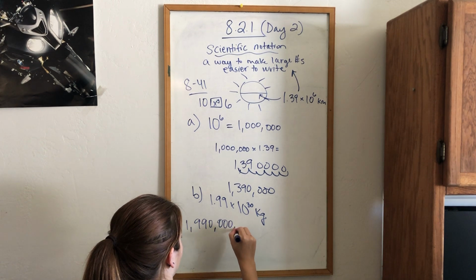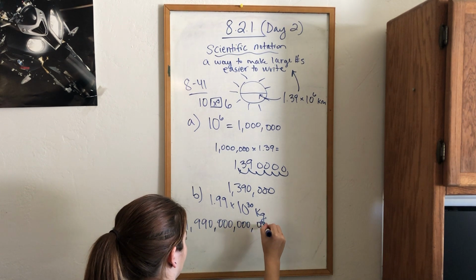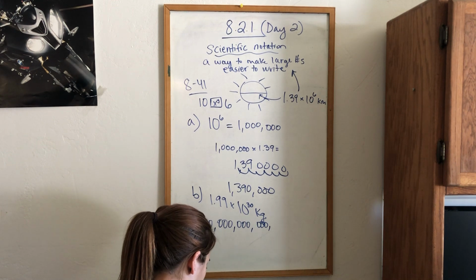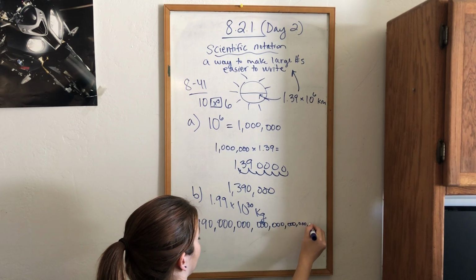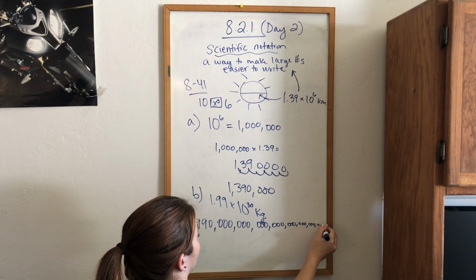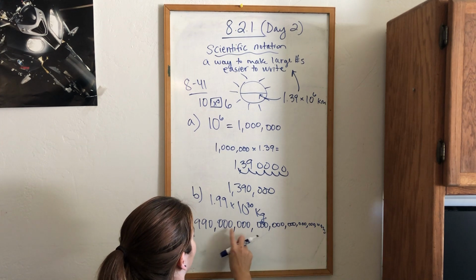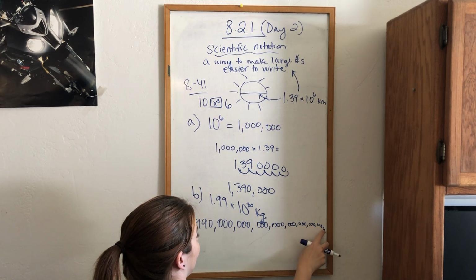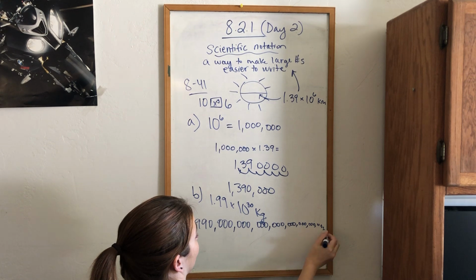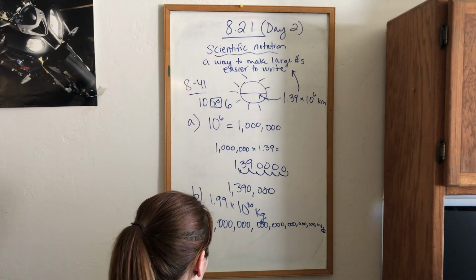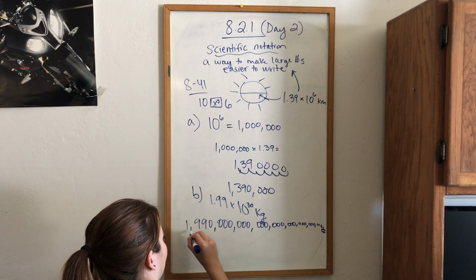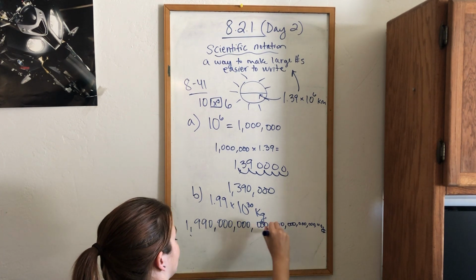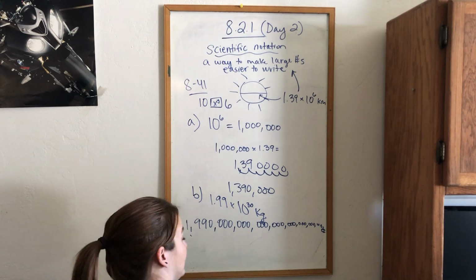So it's going to look like this. 1, 2, 3, 1, 2, 3, 1, 2, 3. How many groups of 3 do we have? 1, 2, 3, 9 groups of 3. Oh boy, this is why I didn't write it down. And 1, 2, 3, 4, 5, 6, 7, 8. There should be 1 extra here. Okay, so that's how you would write out that number, because you're going to move that decimal 30 times to the right.